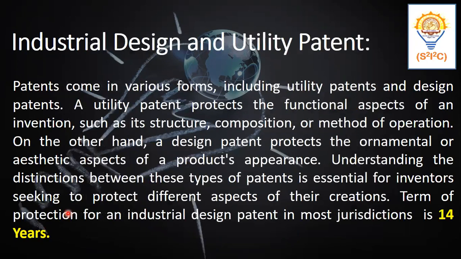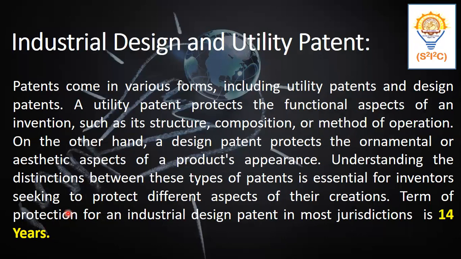Now, another thing is, what is the meaning of industrial design and utility patent? Patents come in various forms, including the utility patent and the design patent. The utility patent protects the functional aspect of an invention, such as its structure, composition, or method of operation.